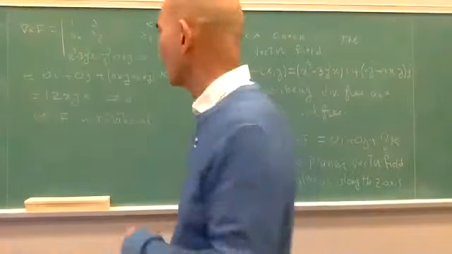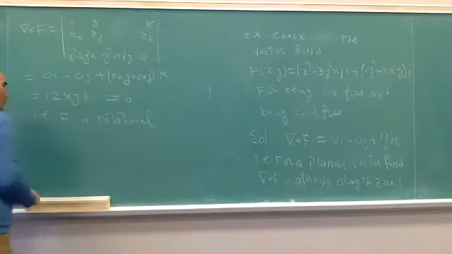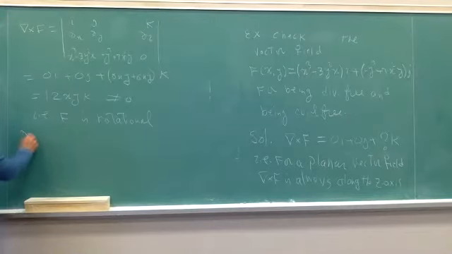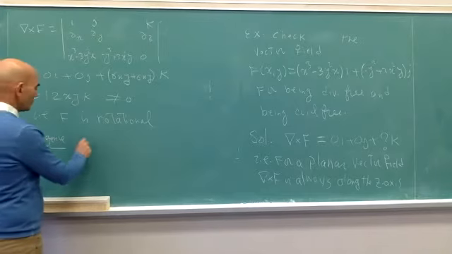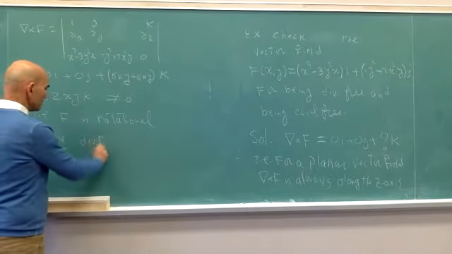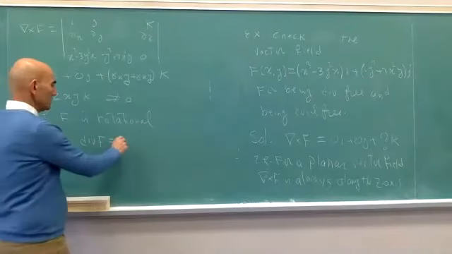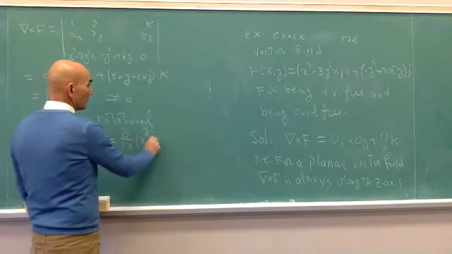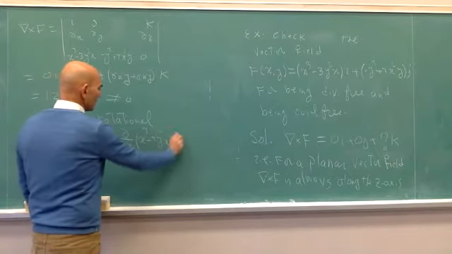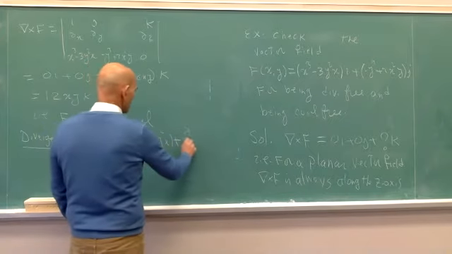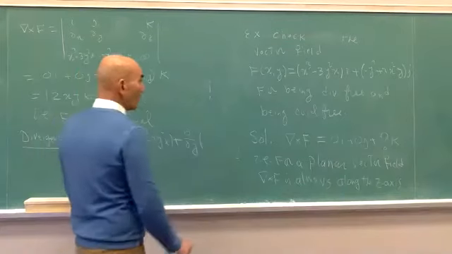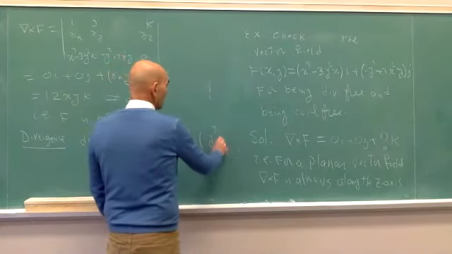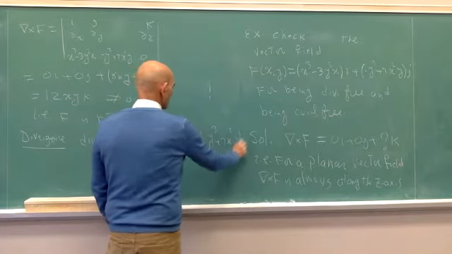Okay, now let's go for divergence. Divergence is easy. The divergence of F is equal to d/dx of x cubed minus 3y squared x, plus d/dy of negative y cubed plus 3x squared y.